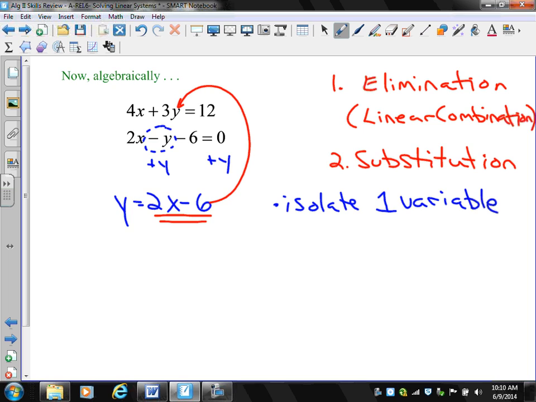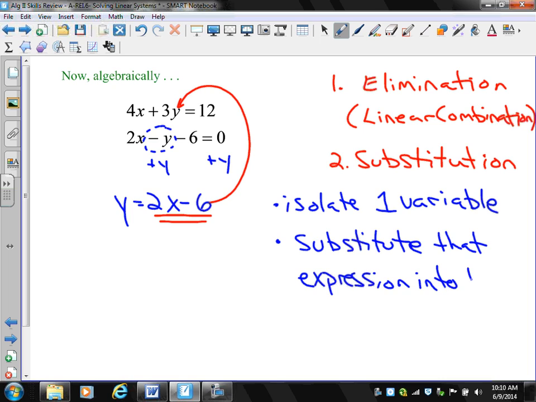So I'm going to substitute that expression into the other equation. Okay, so let's see.